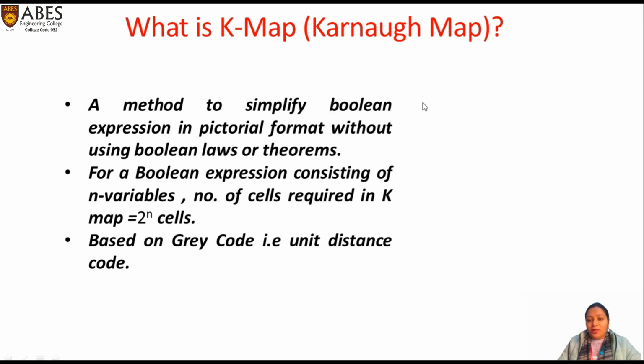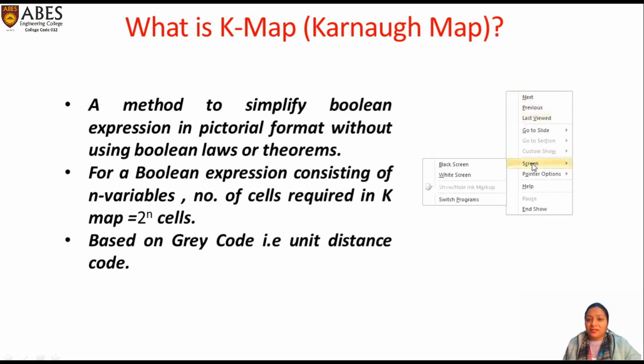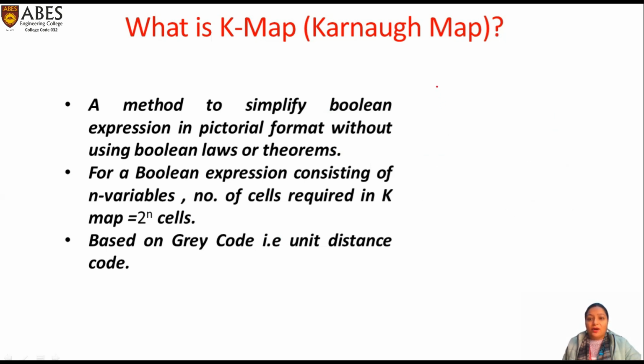Now we all know what Boolean expressions are, what Boolean algebra is, and how to solve or minimize a given Boolean expression. One way to minimize a Boolean expression is to use Boolean identities, or theorems or laws. There is another way of simplifying or minimizing a Boolean expression, that is K-map, right?